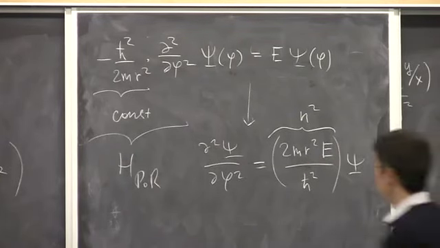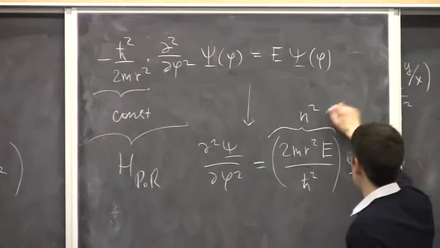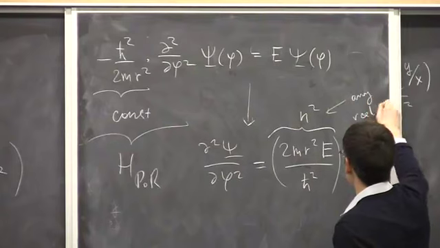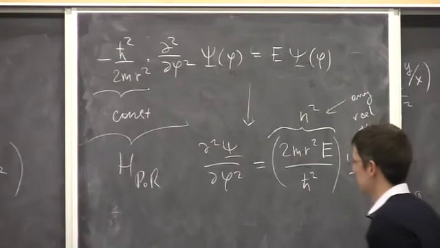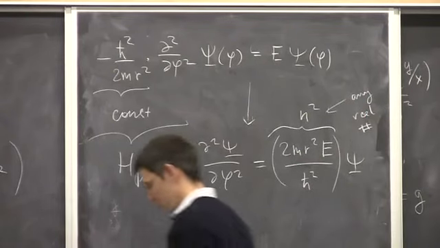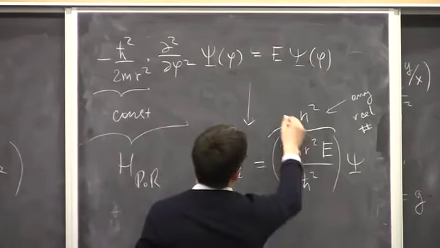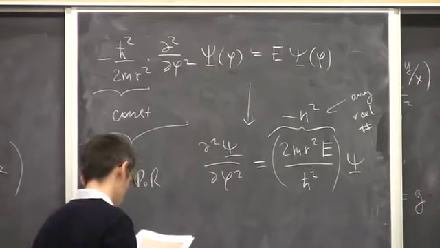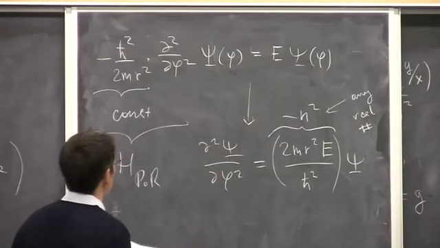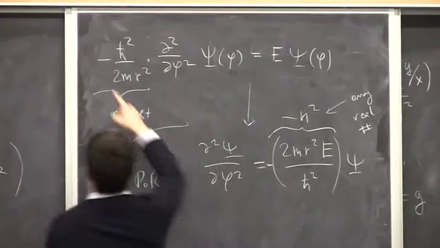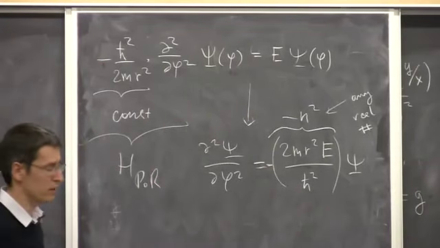Okay? N squared can be any real number. Okay? Not necessarily integer. And we will have it with minus sign, because we had the minus sign here, and minus h bar squared, right?